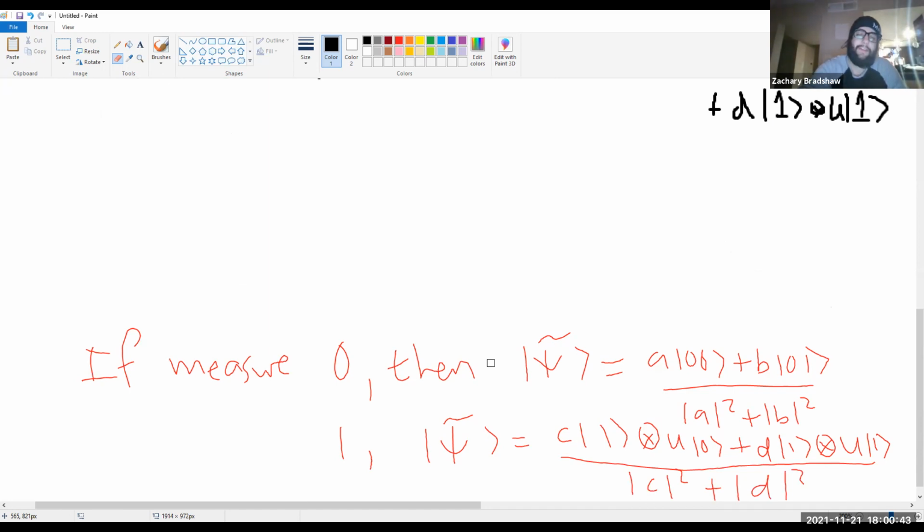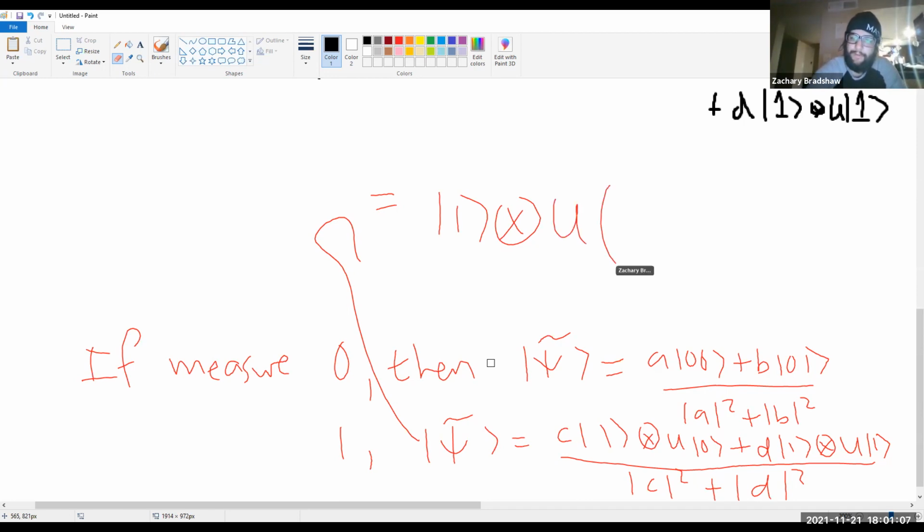But this guy can be written as, let's see, |1> tensor, oh, actually, I can pull the U out too. |1> tensor U applied to C|0> plus D|1> over the modulus of C squared plus the modulus of D squared.